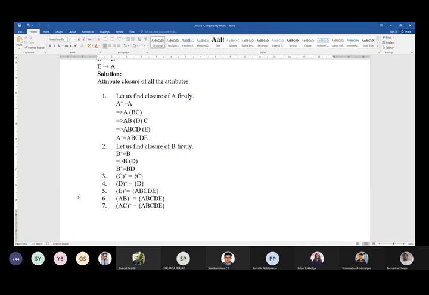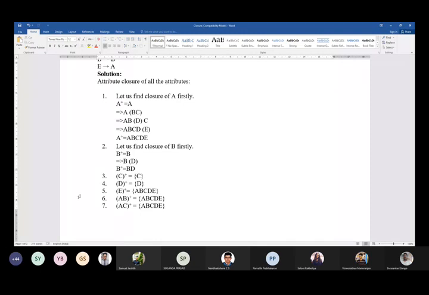Lossless join property means that whenever you decompose a complex relation into smaller fragmented relations, the natural join of the fragmented relations should give you back the original relation. It is said to be lossless join decomposition.